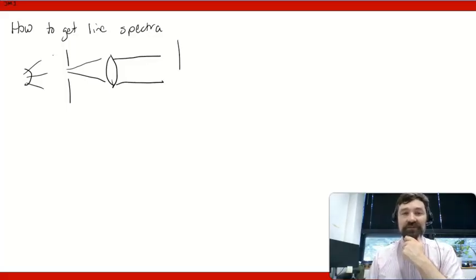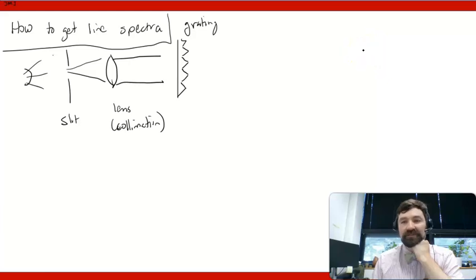Then you have your diffraction grating, which I'm going to draw basically like this. So this is your grating. And then over here you have your detector array. And actually your detector array, if this right here represents a 0-degree angle, your detector array may be like here, for example.